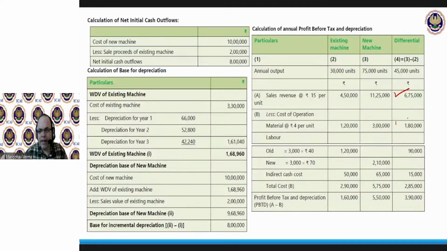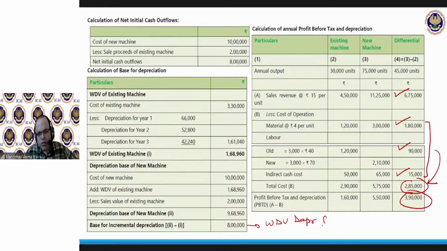We had additional material 180, additional labor of 90, and 15,000 of indirect costs. All of these add up to how much? 180 plus 90 plus 15 is 285. So 675 minus 285 is 3,90,000. Mind you, this is profit before tax and depreciation, because now depreciation will be calculated on this. So we will have to consider the WDV depreciation for tax shield for 5 years.